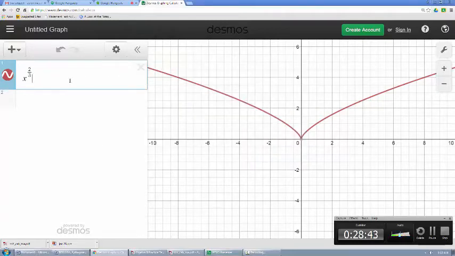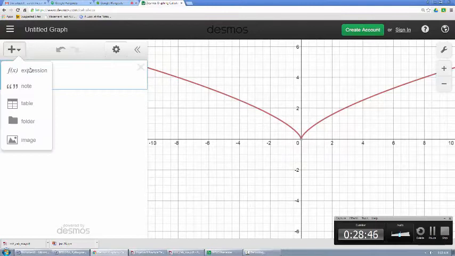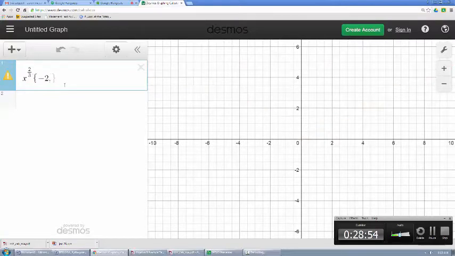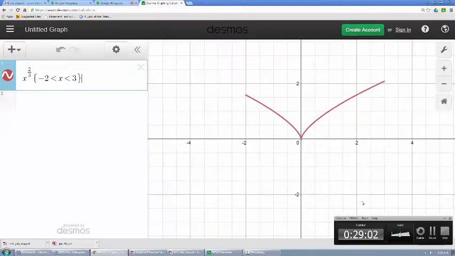I think we can add a restriction. I think it's using this notation: negative 2 is less than x, which is less than 3. So that's the picture we're looking at. So we have our endpoint.